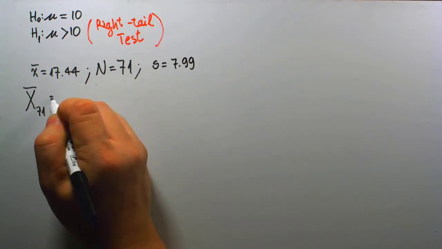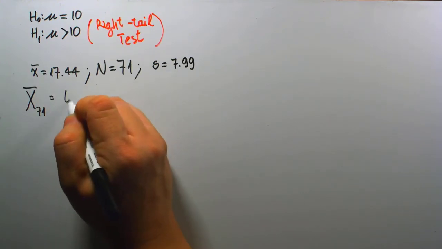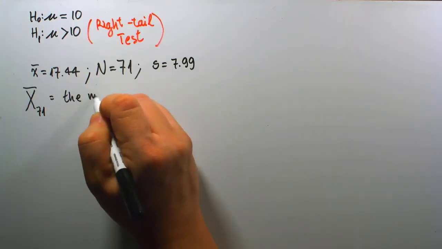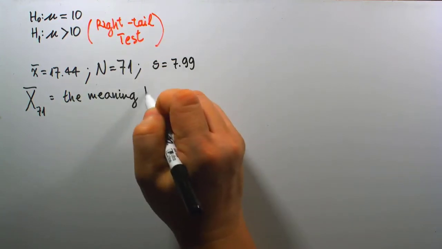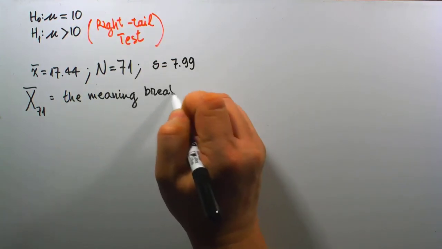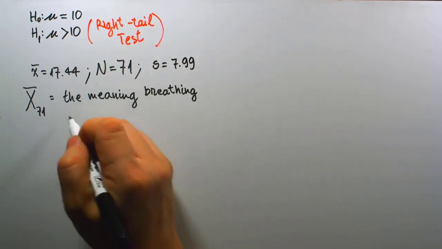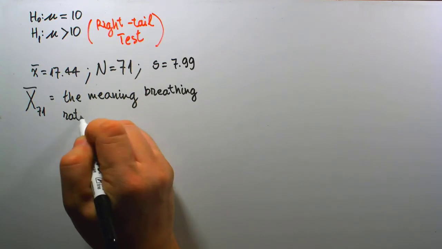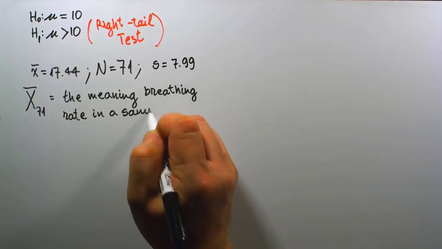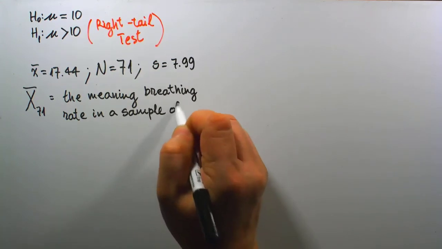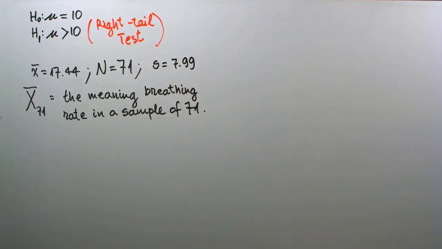So my random variable capital X bar 71 represents the mean breathing rate in any sample of 71 people, or in short of 71.